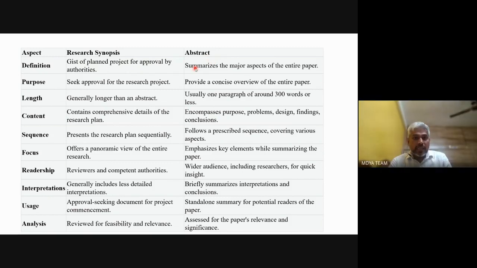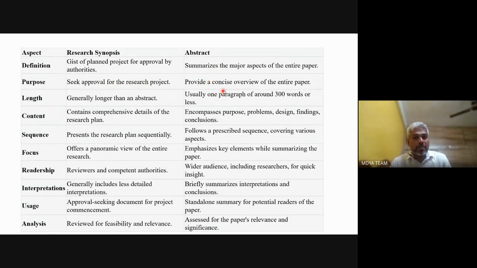In comparison to a synopsis, an abstract summarizes the major aspects of your entire research or a paper, right? From purpose, seek approval for the research project. Actually, why do we prepare a research synopsis? To get approval from the authorities. That is its purpose.